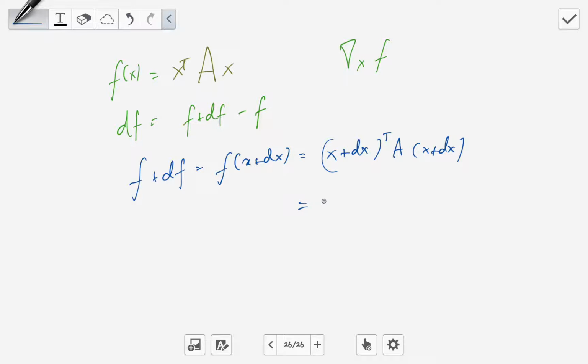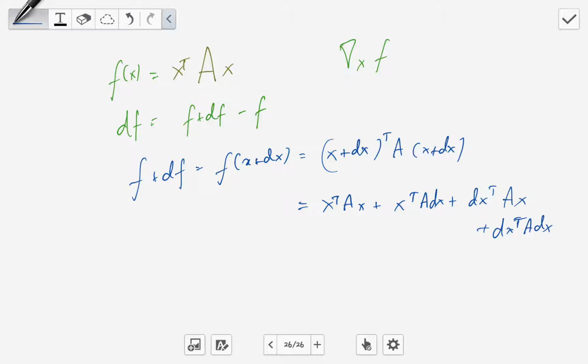Now this will become x transpose Ax plus x transpose A dx plus dx transpose Ax plus dx transpose A dx.